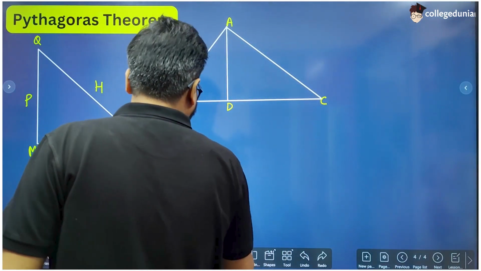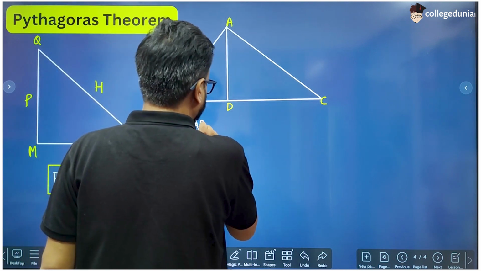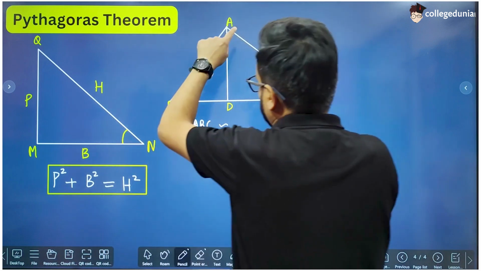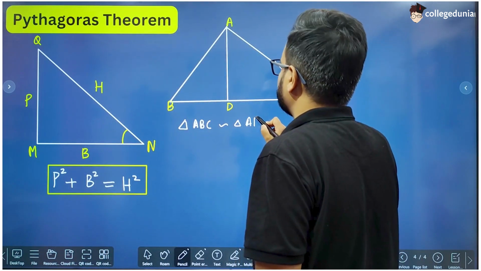Now if we take these two triangles, triangle ABC, that is the bigger one, and this smaller one, triangle ABD.